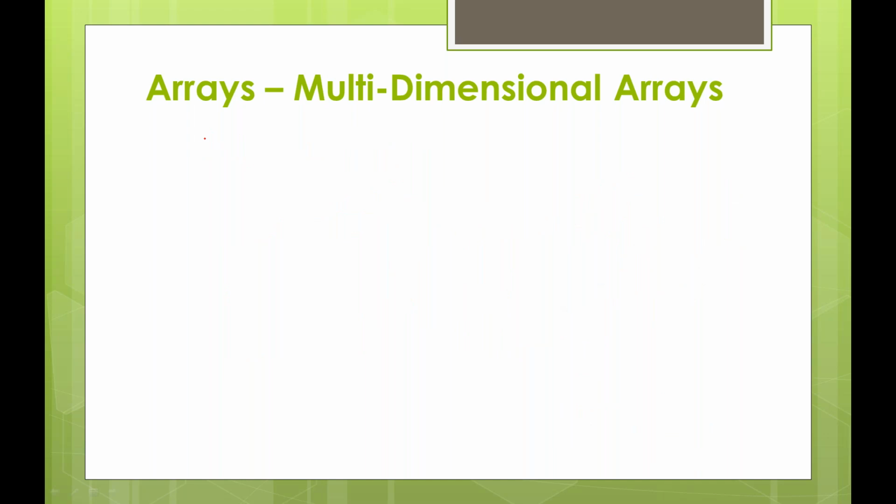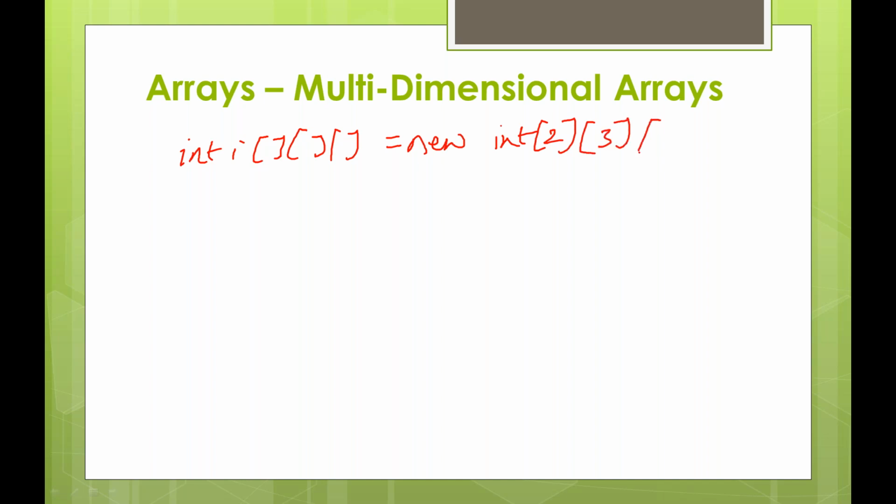Okay, how do you declare it? Similar to how we declared a two-dimensional array. So int i, you have to specify 3 dimensions, then equal to new int of 2, 3, 100.